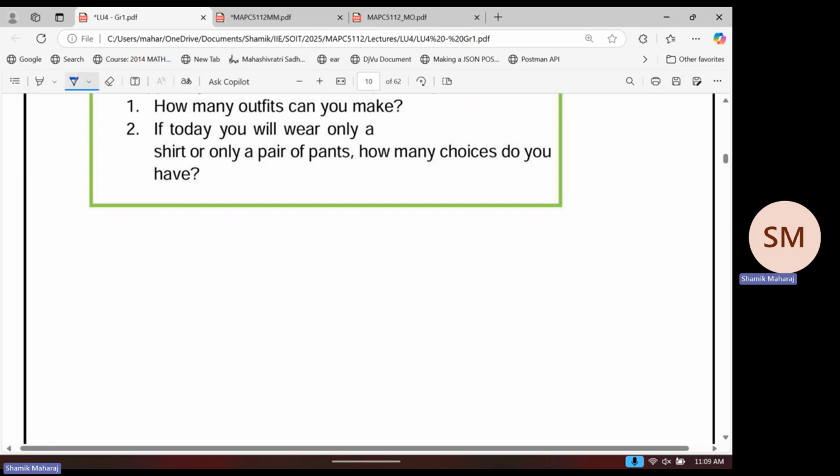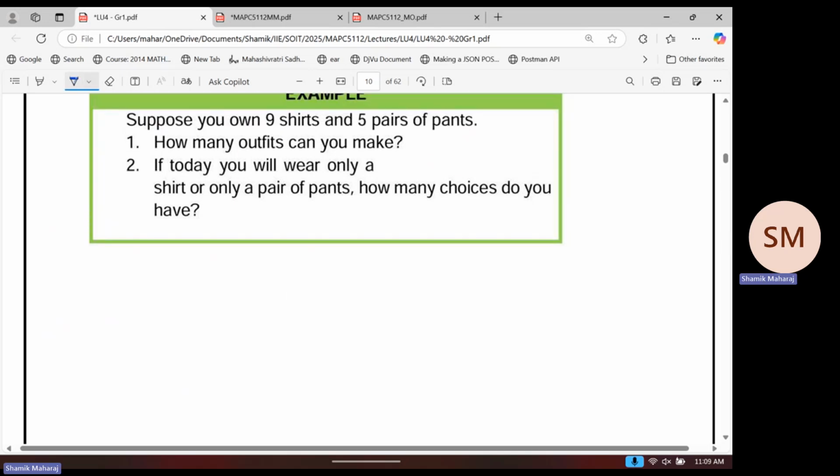So if we're using set theory, then we need to represent the shirts and the pants somehow as sets. So can we do that? Let's just say the shirts, for example, will be a set called S for shirts. And in that set, we will say S1 represents shirt 1, S2, S3. This goes all the way up until S9. Okay.